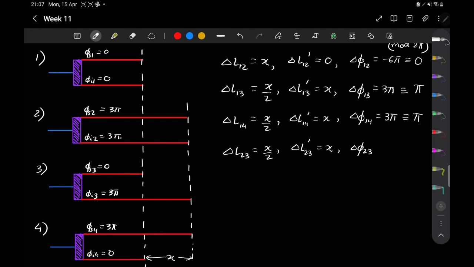And this is 3 pi plus 3 pi minus 3 pi. So 6 pi minus 3 pi, that makes it 3 pi, which is again equivalent to pi. Then between 2 and 4, again x by 2. This is x. And this is 3 pi, which is equivalent to pi.